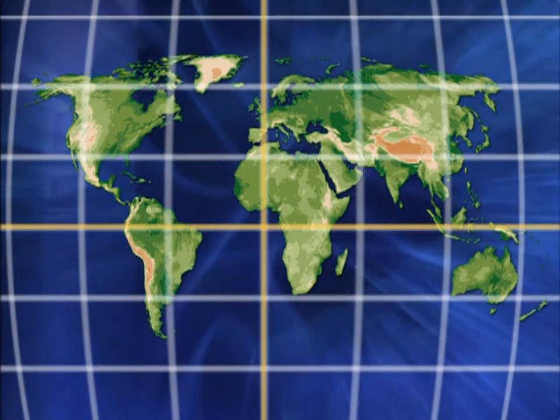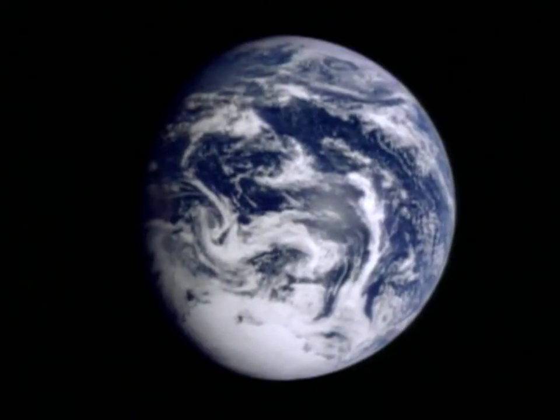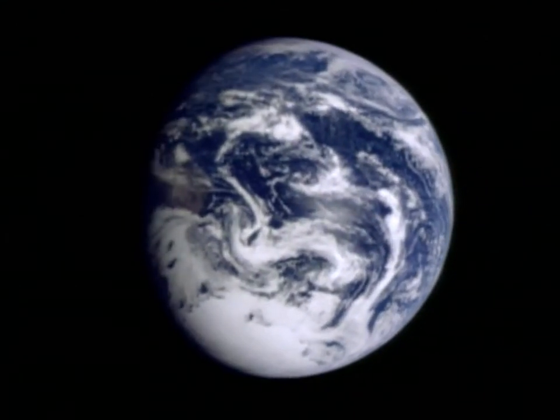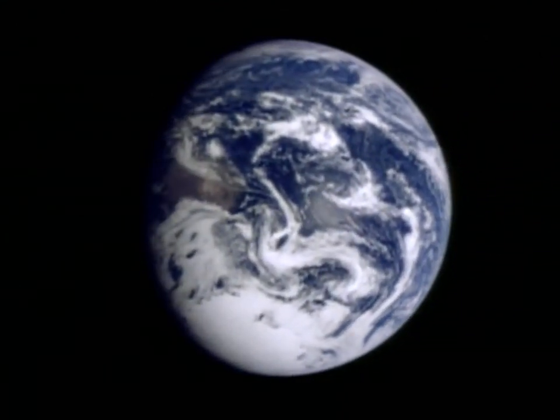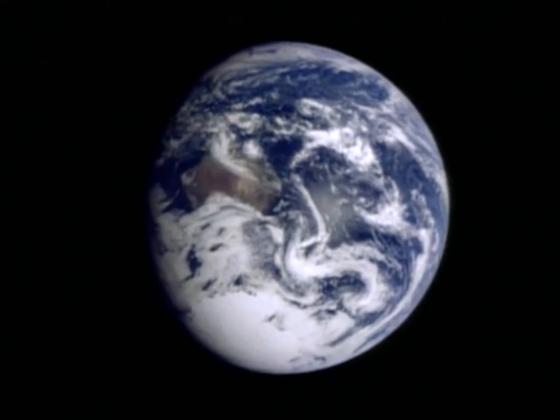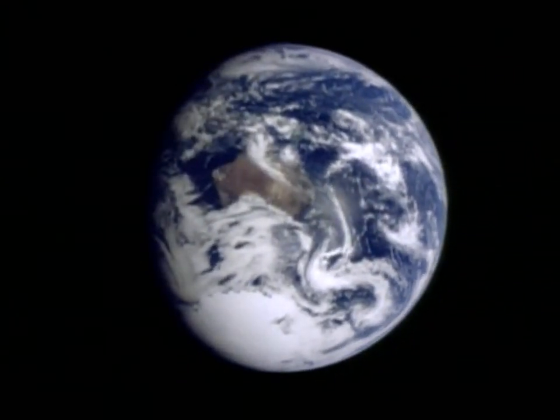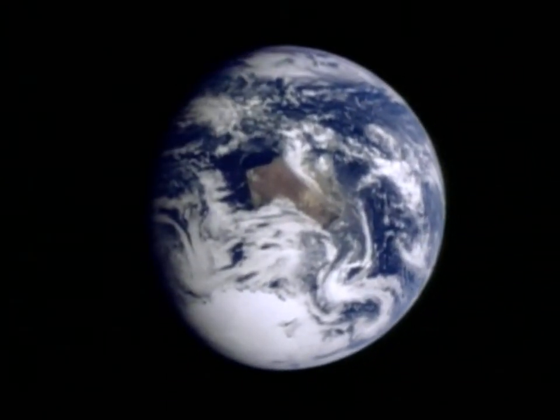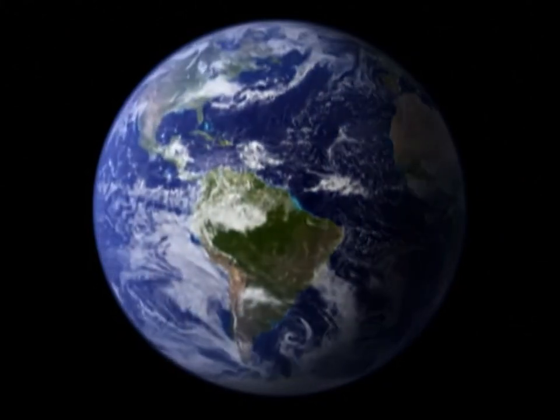These aren't natural lines you'll see in a picture of Earth from space. They are drawn onto maps to help us find locations. With so much information to show and so many ways to show it, maps are valuable tools for understanding the world around us.